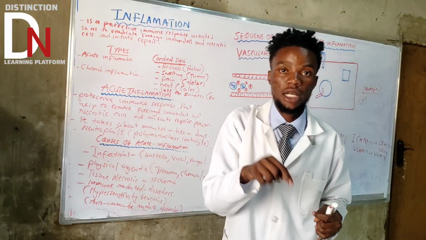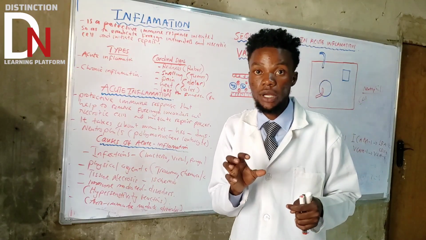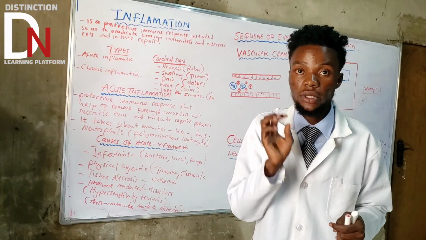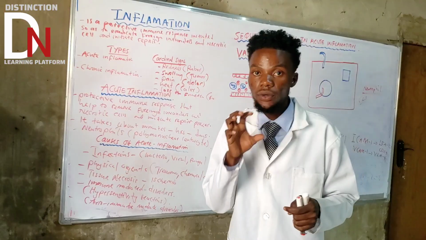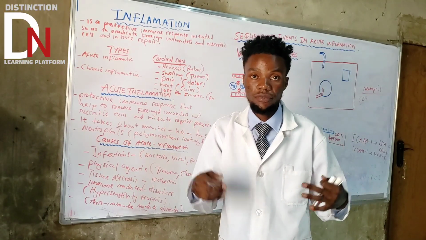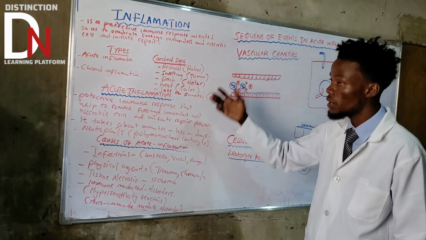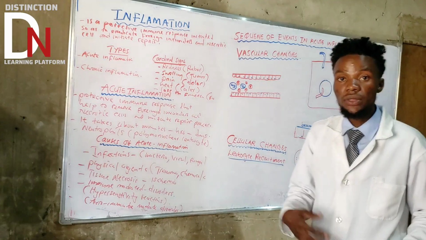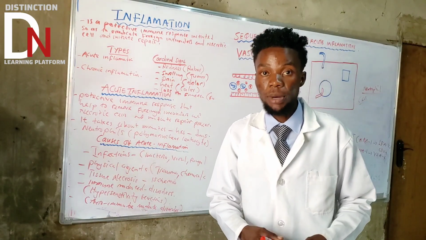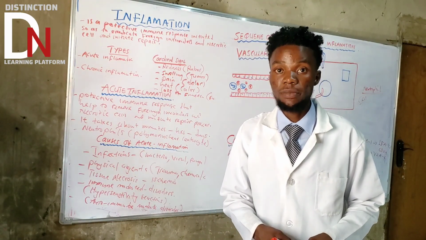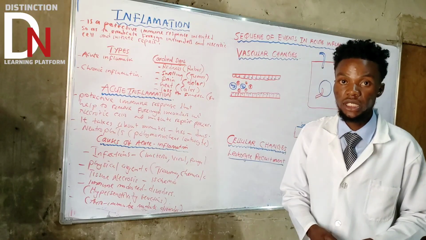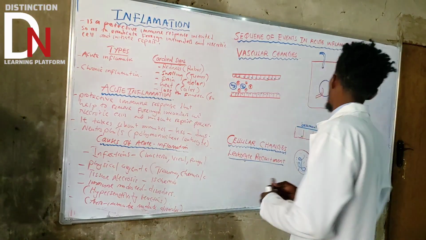If a foreign invader comes in, it is recognized by those receptors on the white blood cells. Once recognized, the white blood cell is activated, and it activates the inflammatory response. These receptors are called pattern recognition receptors, abbreviated PRR.